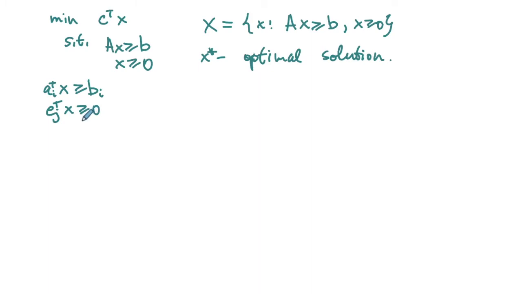0. Now assume that we know which of the inequalities in this system are satisfied at equality at x star. So we are going to separate binding and non-binding constraints, including the non-negativity constraints, in this system.